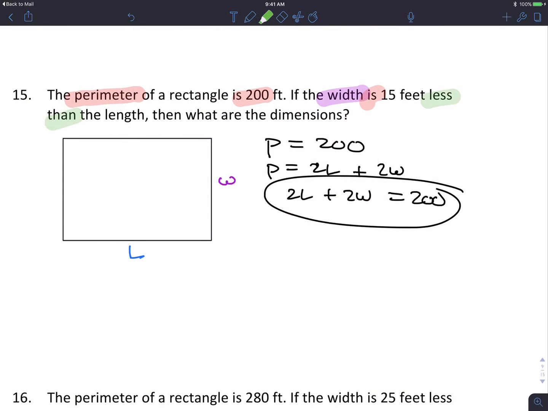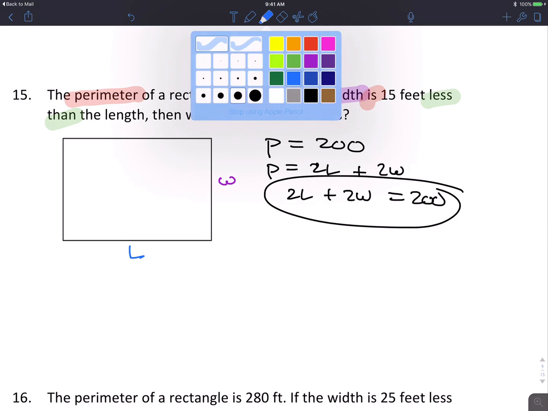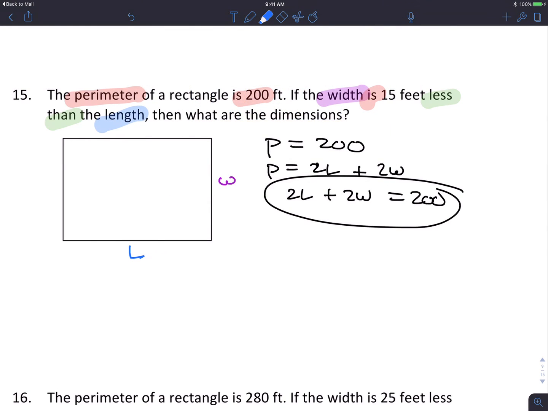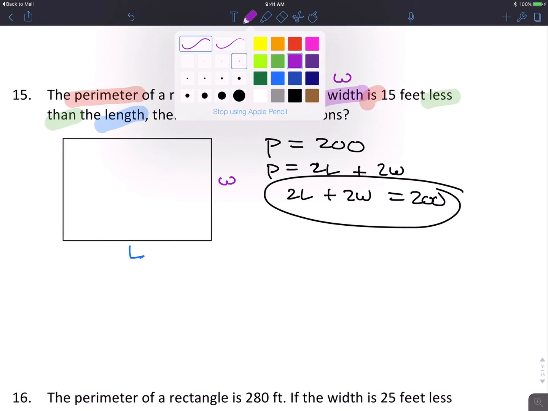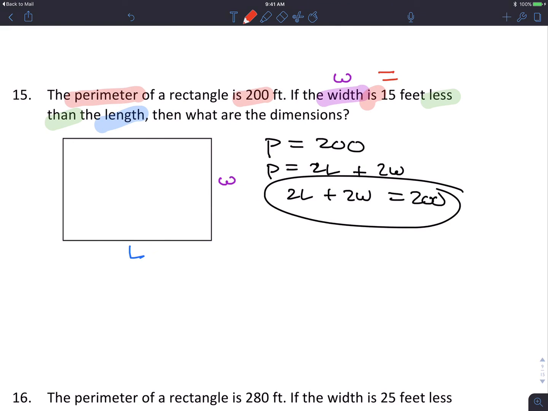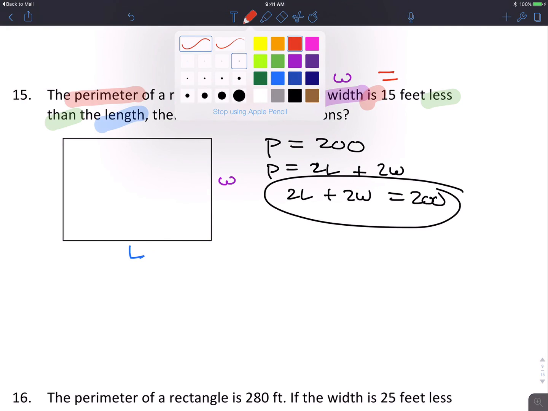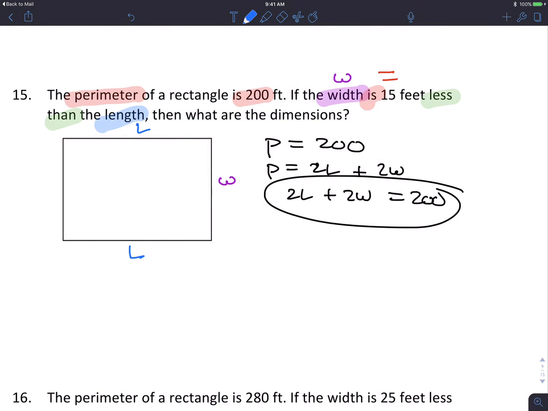Oh, that's subtraction, and it's going to be less than the length, and the length is L. So let's write down what the variables are. W is 15 less than the what? Length L. W is L minus 15.